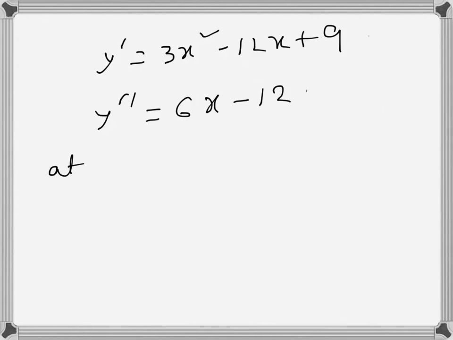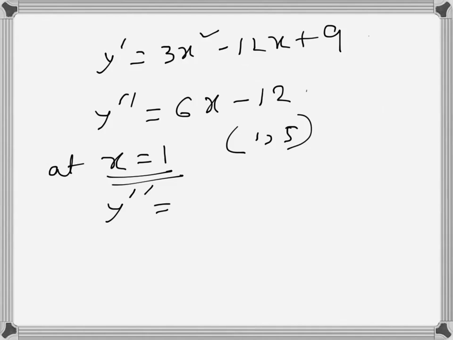So at x equals 1, one of the stationary points is (1, 5). I'm trying to find the sign of y double prime, the second derivative, at that x.